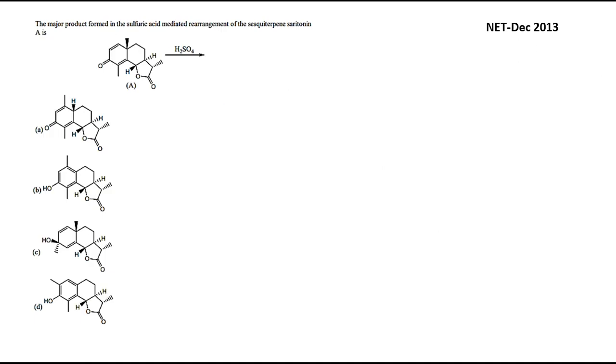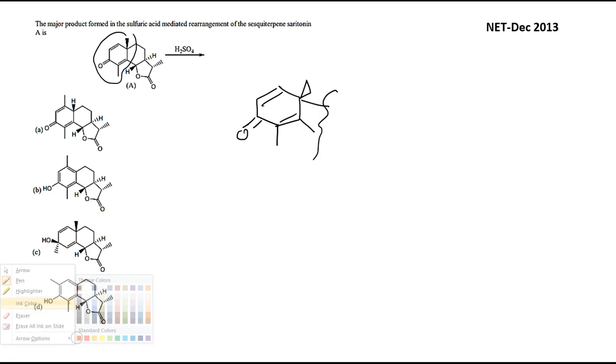Again, dienone phenol rearrangement. So in this case, just focus on this part. If I simply draw this part only, here we have a methyl group, another methyl group above the plane, and we have a ring structure, but I am not going into the details of it because that is not required. And that part is also intact.